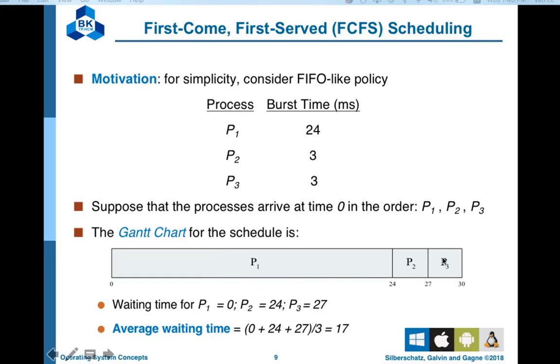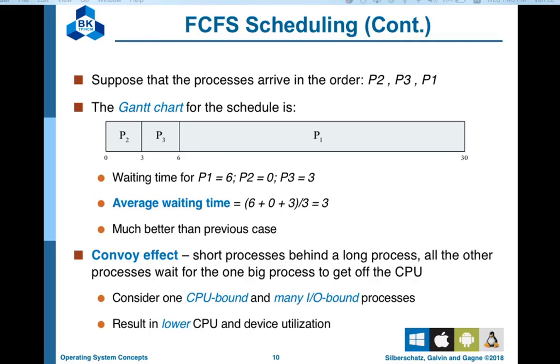These two short processes must wait too long for P1. So it's the convoy effect of the first come first serve algorithm. If we change the order, P2 first, then P3, and then P1, the average waiting time now is only 3, much better than the reverse case. That explains the convoy effect.